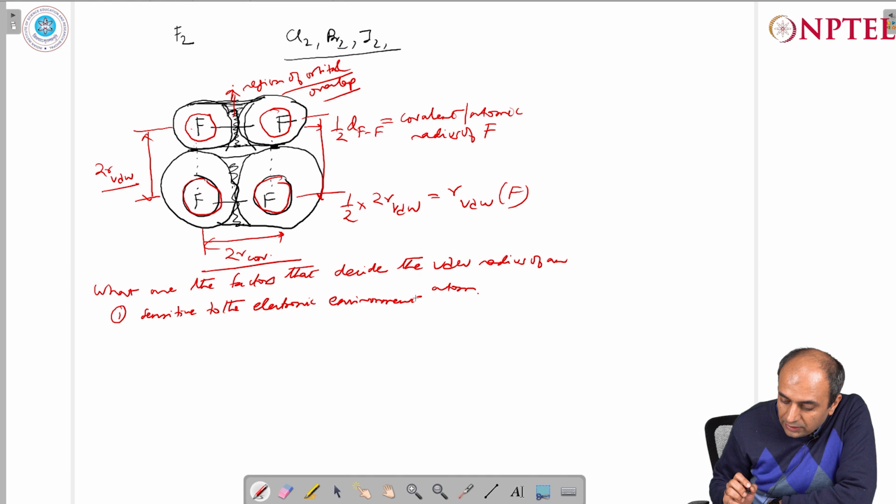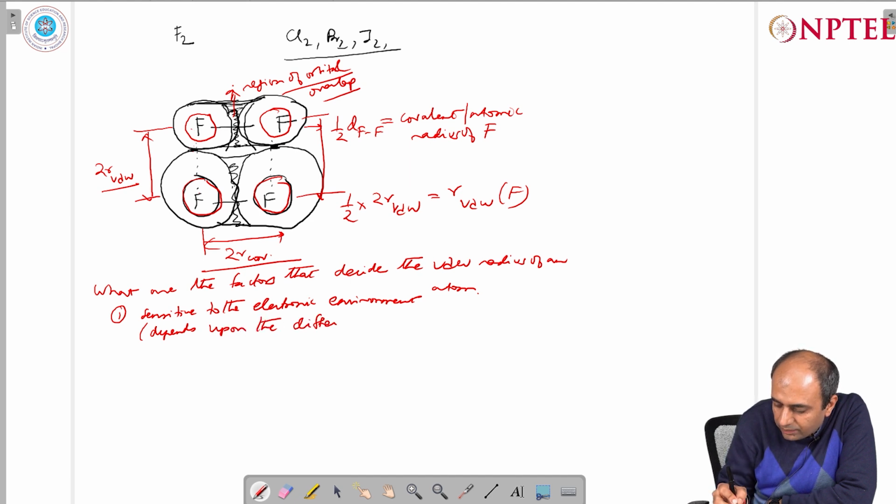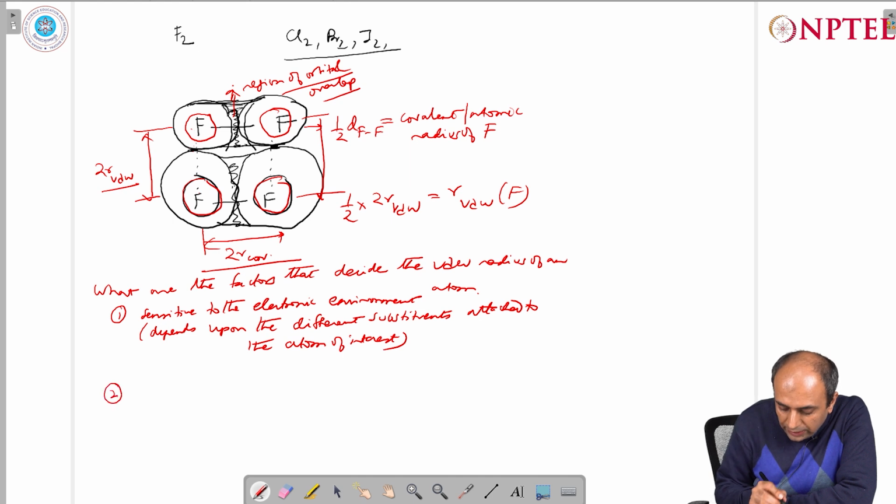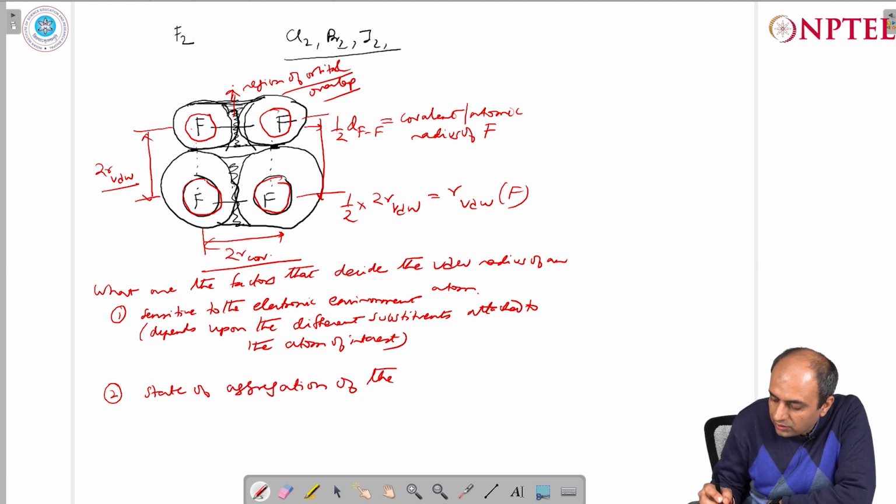This is the first thing which is very important with respect to the van der Waals radius. So it is very sensitive to the electronic environment, that is, it depends upon the different substituents attached to the atom of interest. And the second thing is that it also depends upon the state of aggregation of the substance.